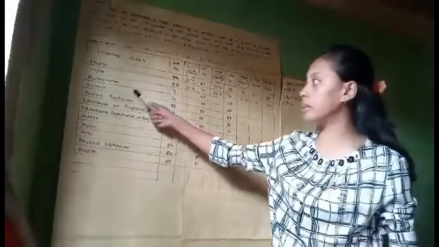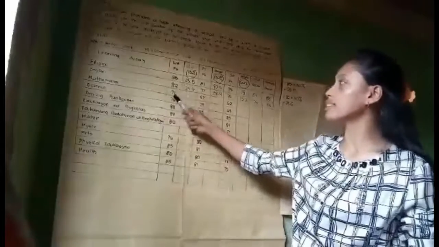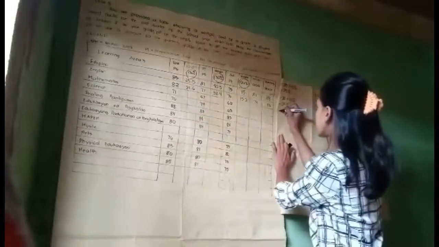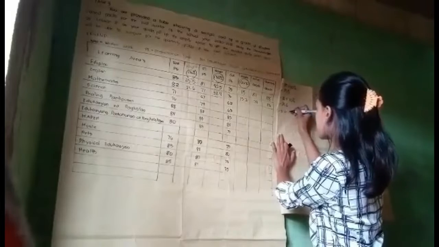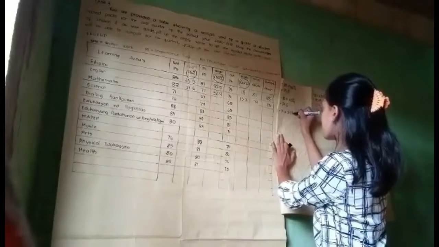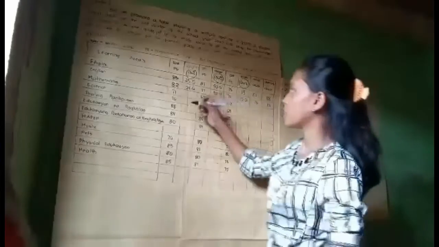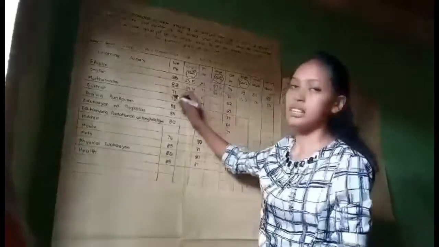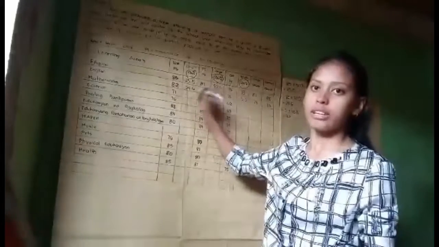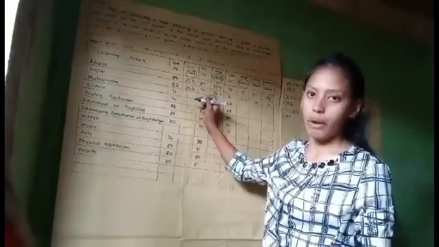Next is mathematics. 71 times 30% is equal to 21.3. Our weight of the written work in mathematics is 21.3.